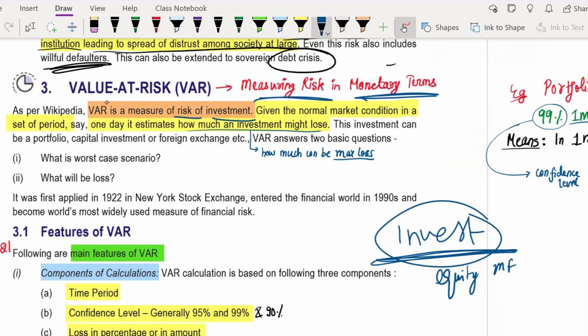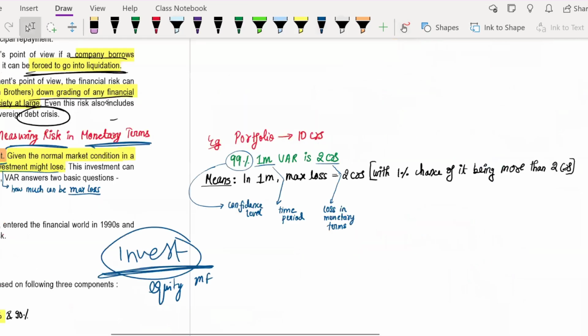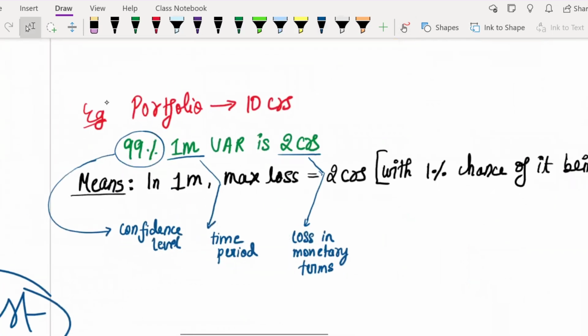Here, let's take an example. Suppose you have a portfolio of 10 crore rupees. You have invested in different areas, and now you have a portfolio of 10 crore rupees.